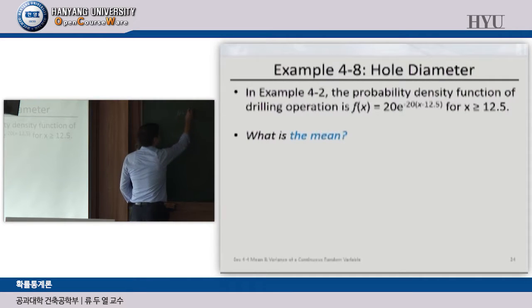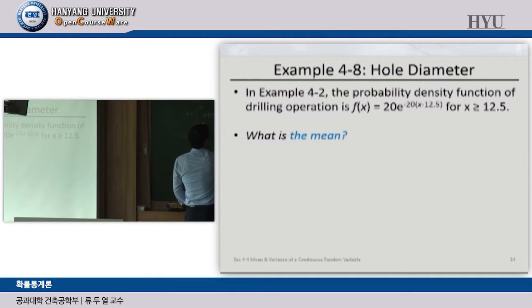The mean was x multiplied by f(x) dx from 12.5 to infinity, right? Because x is just larger than or equal to 12.5 in this case.